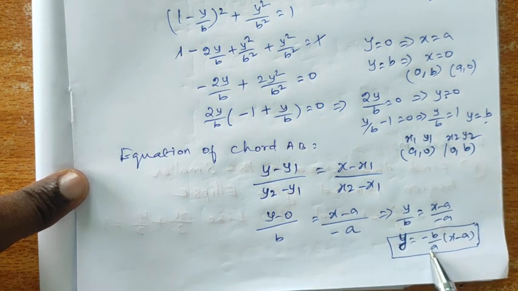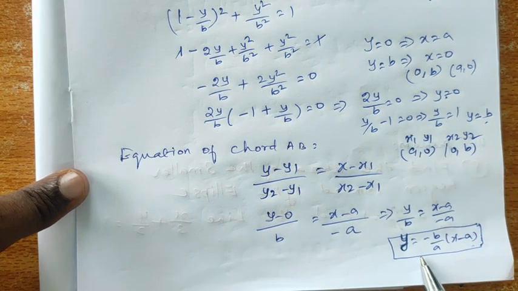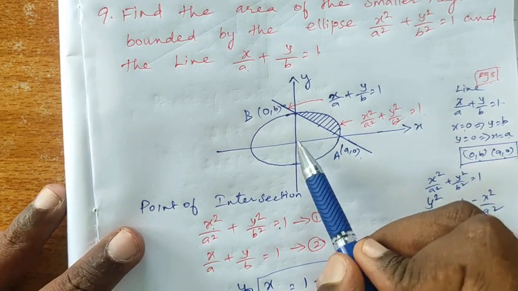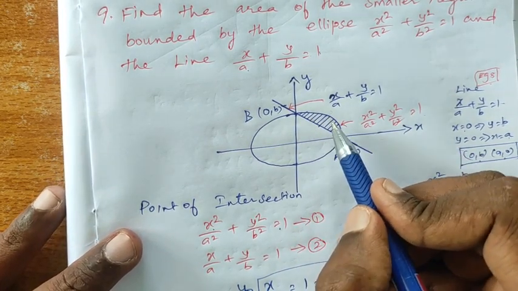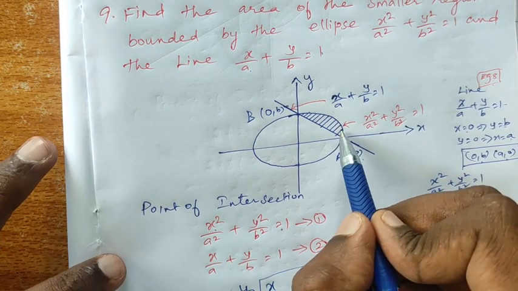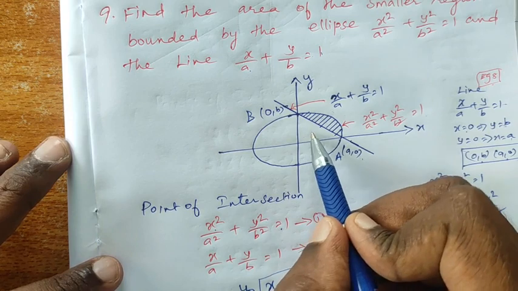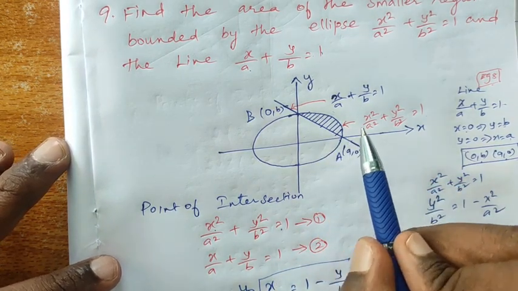We get y is equal to minus b by a into x minus a is the equation of the chord. Now we have to find the area of the shaded portion. So area of the shaded portion is, first we have to find the part of the ellipse, area of the part of the ellipse minus area of the chord AB is the required area of the shaded portion.